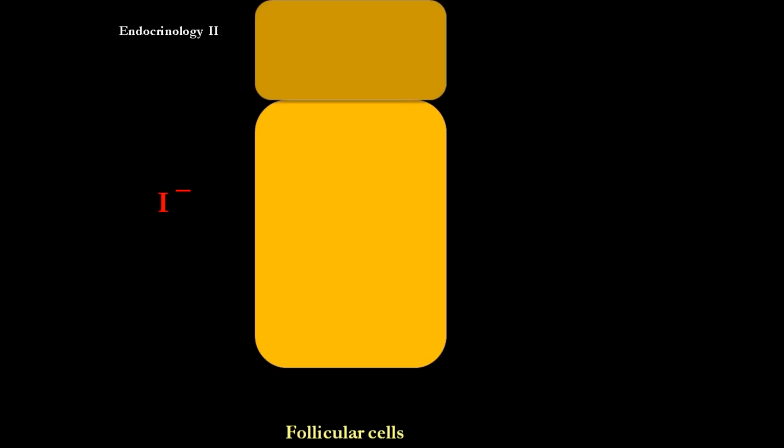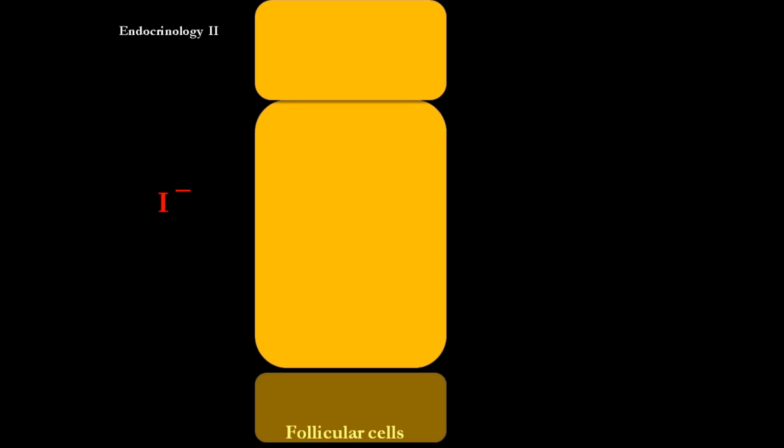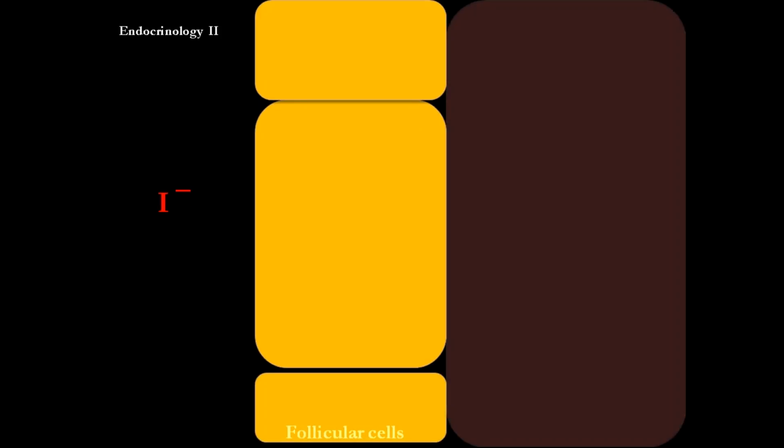This is representing the follicular cells, and this is the iodine that could be coming from the diet, or could be a mineral source of elemental iodine. Here are the follicular cells, and here is the colloid.